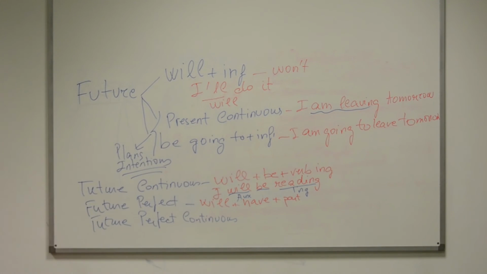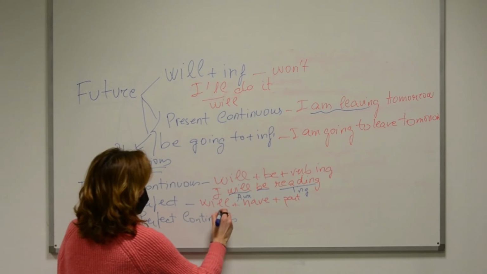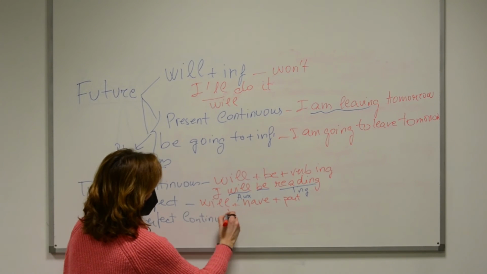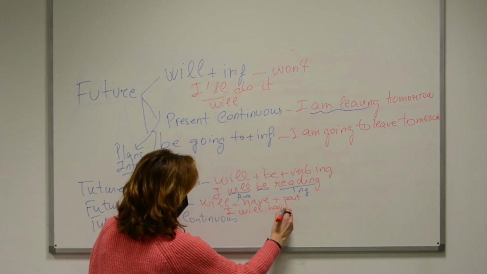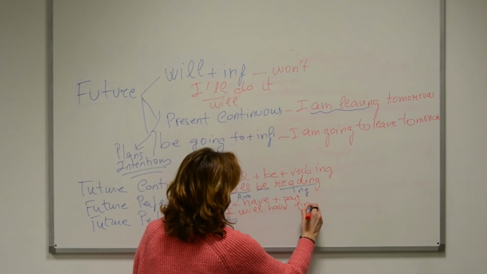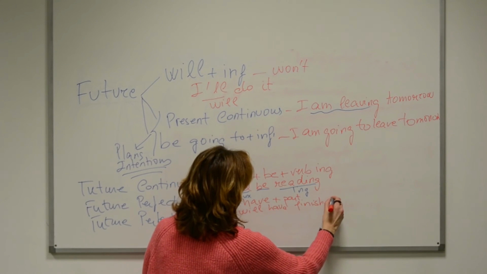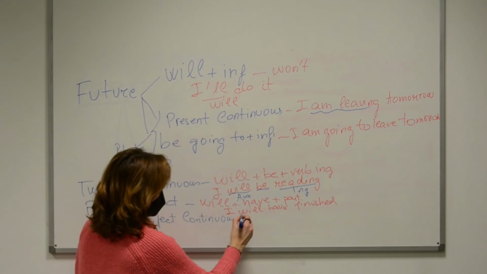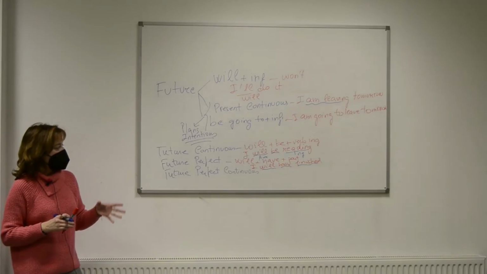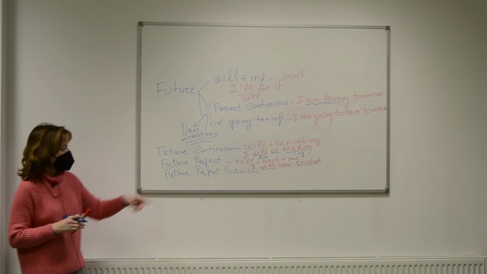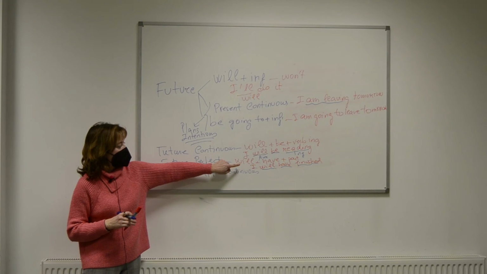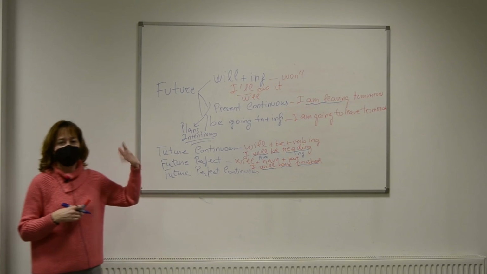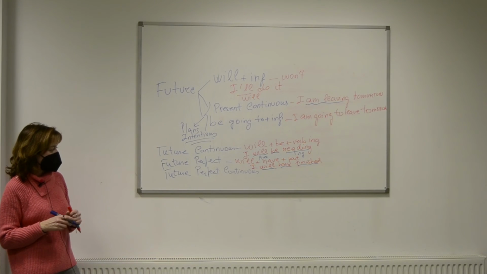For example, I will have finished. It's an action in the future that will have a certain consequence. It's an action that is completed, but in the future, not in the present.